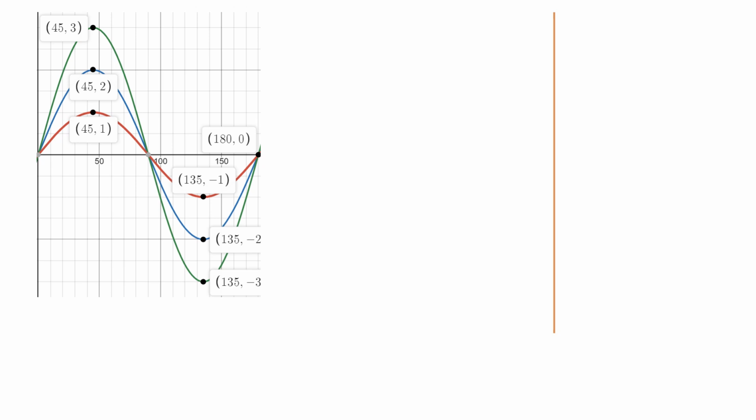In the previous slide, we studied y equals a sine x, and how the corresponding angles for the maximum and the minimum values of y work.